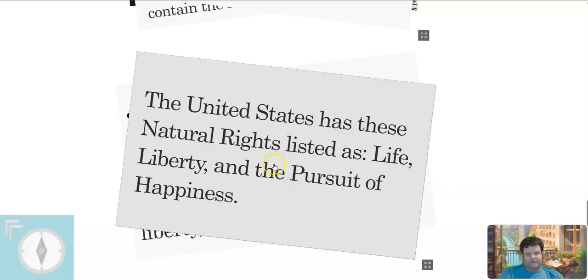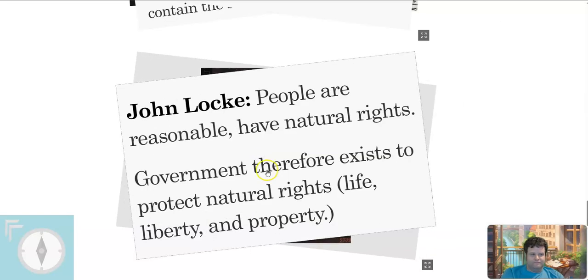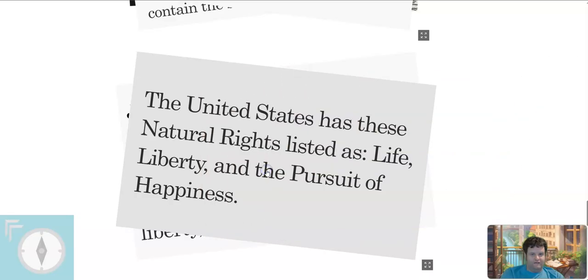And therefore, a lot of early governments will pick up on this later on in the course, but not too far down the road. But the U.S. government kind of sees itself as defending these things, and a government should defend these things, is what many of the founding fathers felt. Now, what is life, liberty, the pursuit of happiness, or property? Well, that's up for debate.